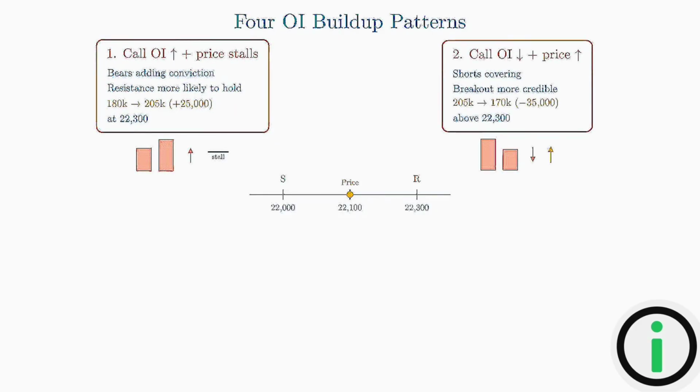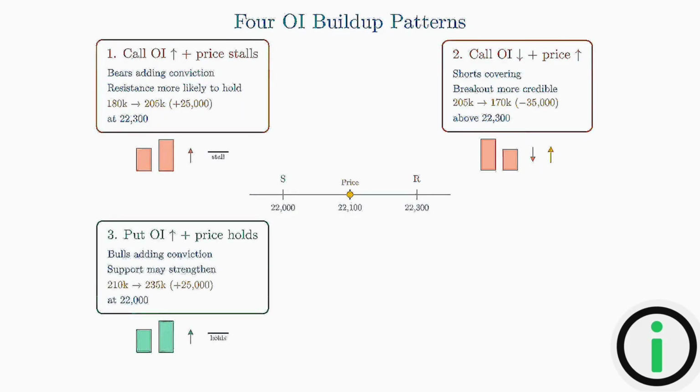Second, call OI falling at resistance while price pushes upward suggests shorts covering. If call OI falls from 205,000 to 170,000, the change is 170,000 minus 205,000, or negative 35,000 contracts. Falling call OI combined with upward price pressure makes a breakout above 22,300 more credible.